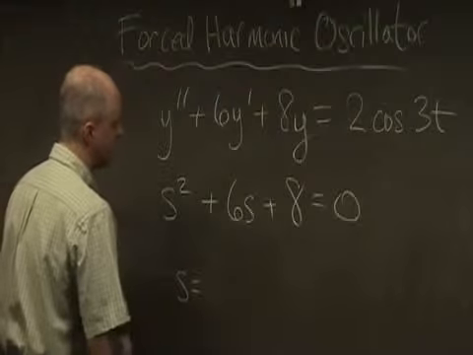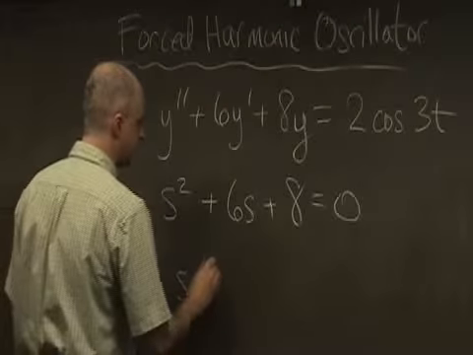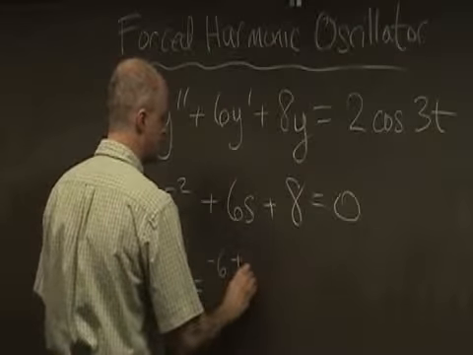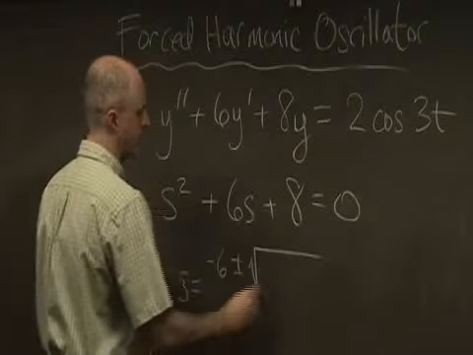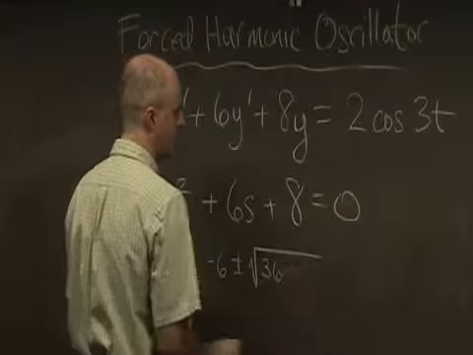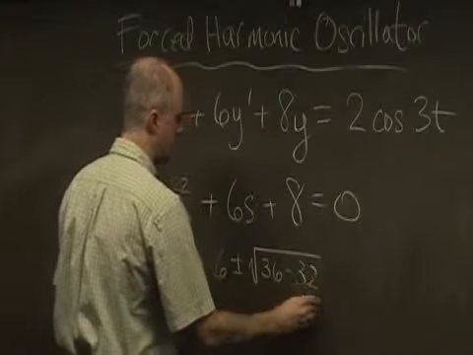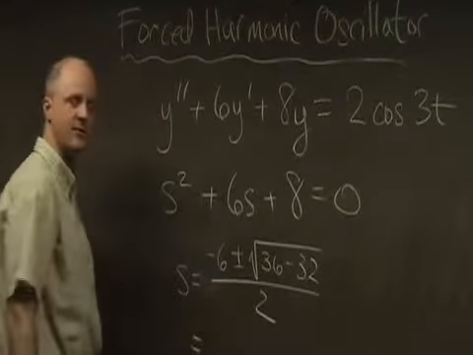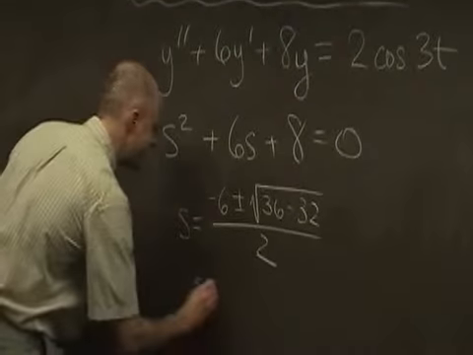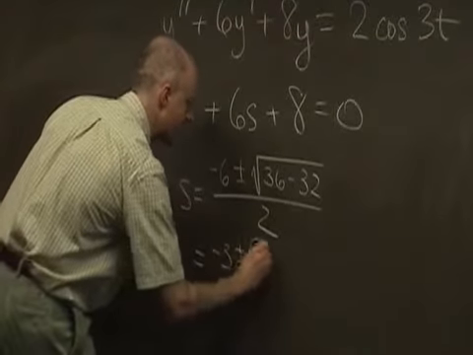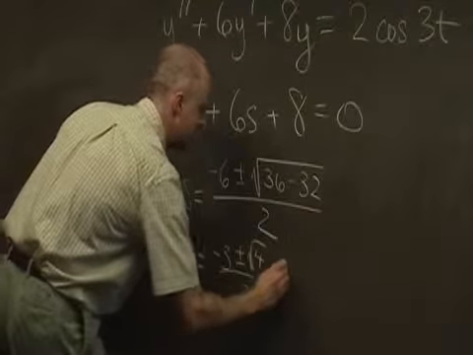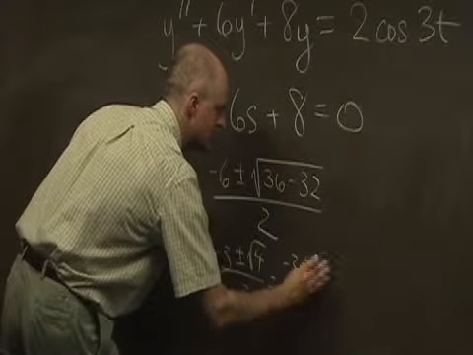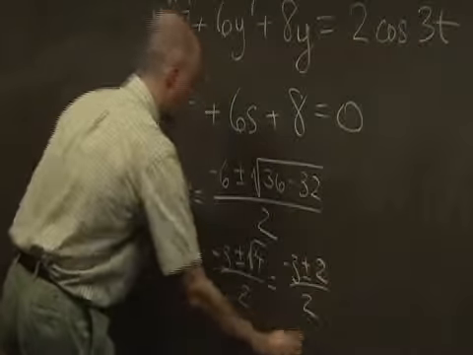Eigenvalues are going to be -6 plus or minus square root of 36 minus 4 times 8, over 2. It's minus 32. I guess I could have factored this one too. -3 plus or minus square root of 4 over 2.